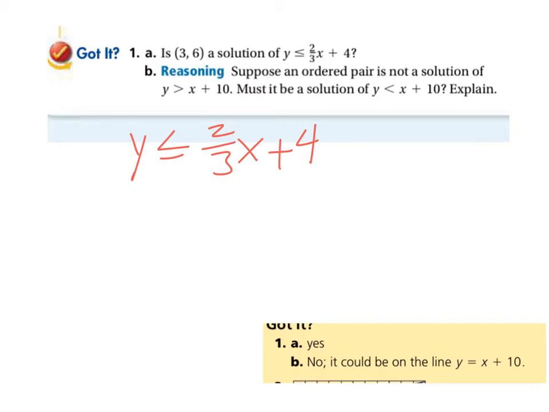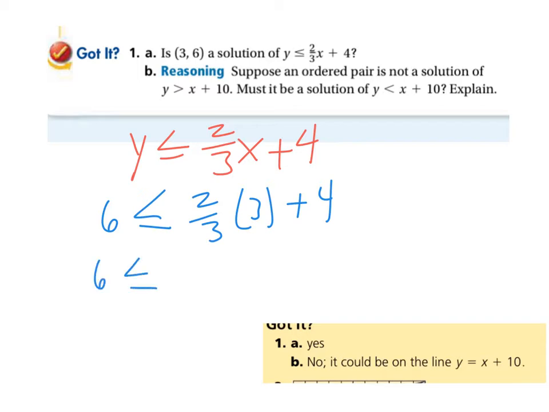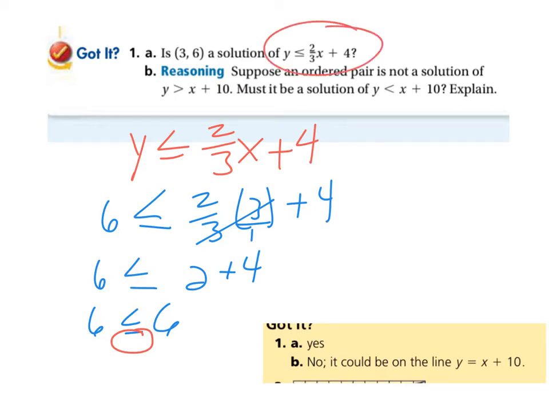So we get 6 is less than or equal to 2/3 times 3 plus 4. 6 is less than or equal to, 3 over 1, a little canceling, 2 plus 4. So 6 is less than or equal to 6. Well, that's true. Now, it's only true because I have the equals part. If it wasn't there, then it would not be true. But anyway, that one does work. In fact, it lies right on the line itself.